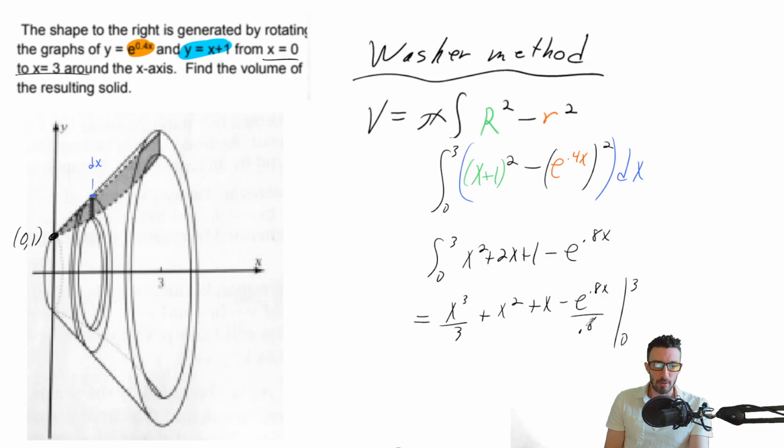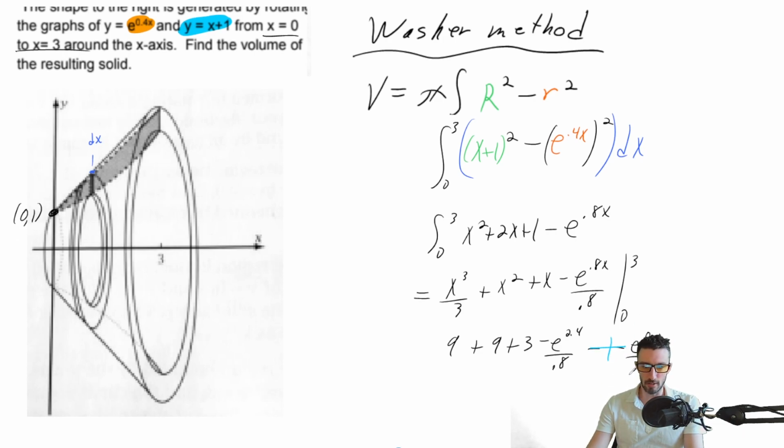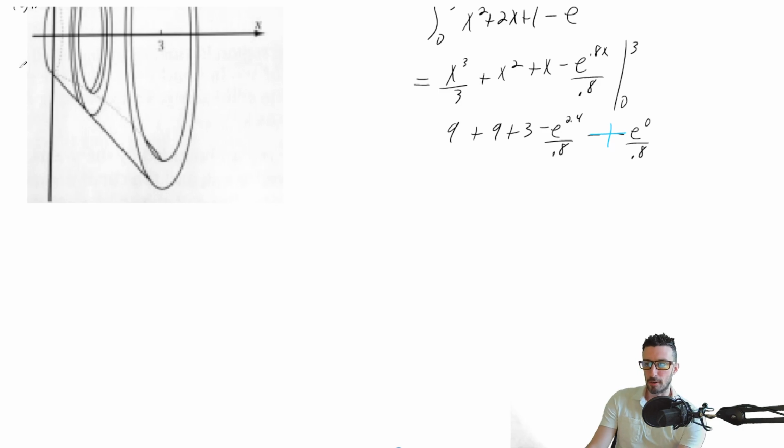Anyway, now you would plug in your 3. That would get you 9 plus 9 plus 3 minus e to the 2.4 over 0.8. And then we have to plug in our 0 and subtract. So it's going to be minus negative e to the 0 over 0.8. And that's going to turn into plus, oh my god, I'm in the way, aren't I? My bad.